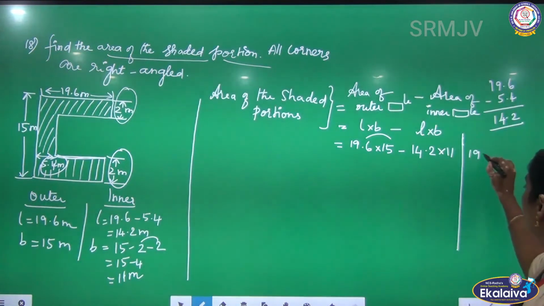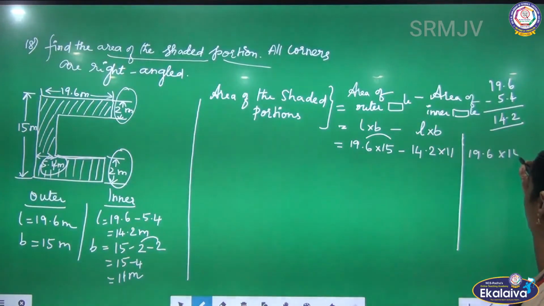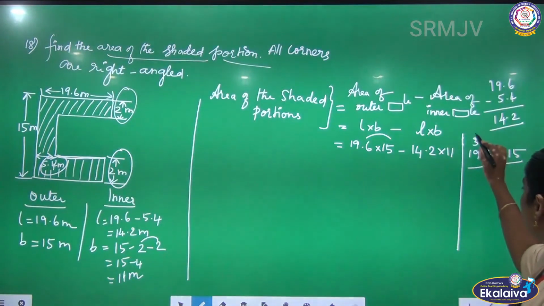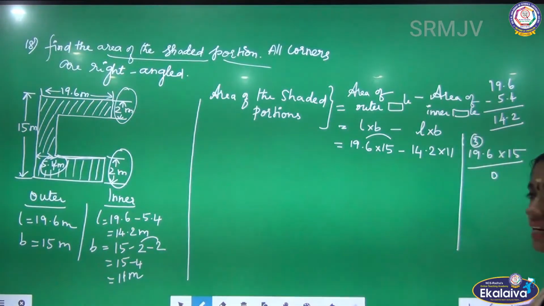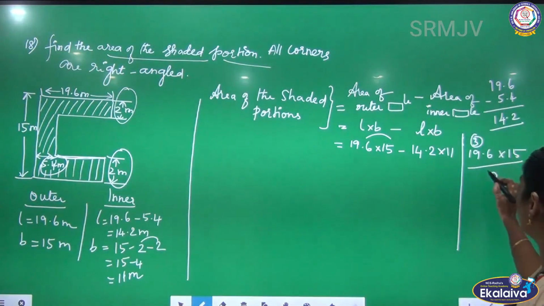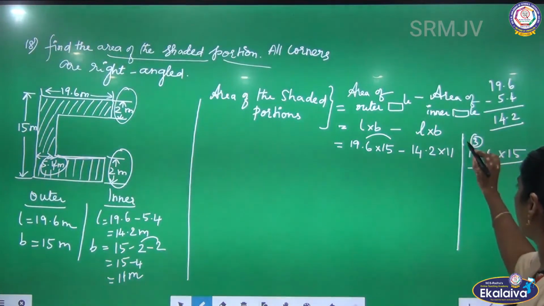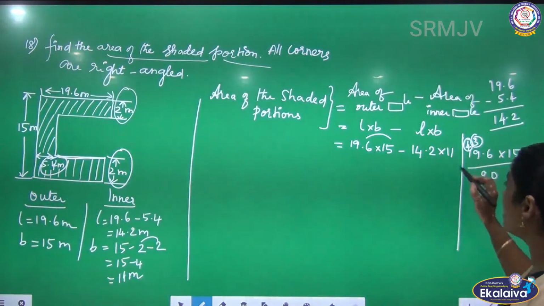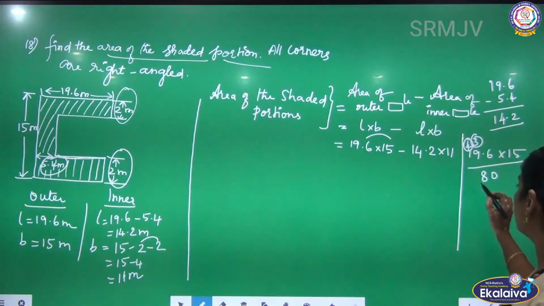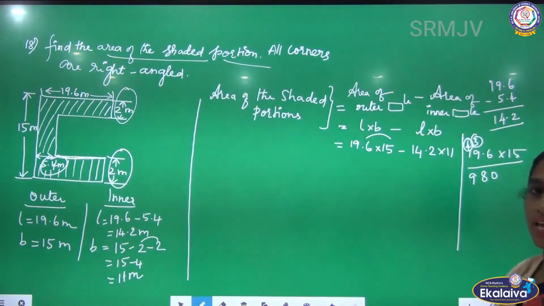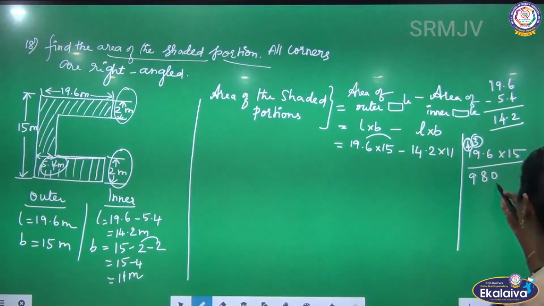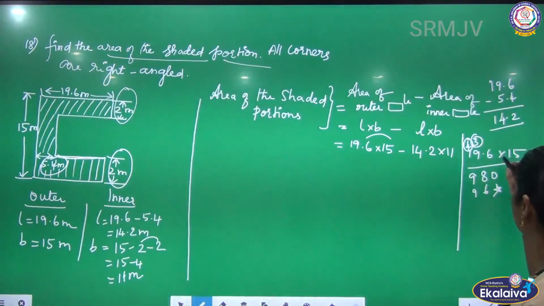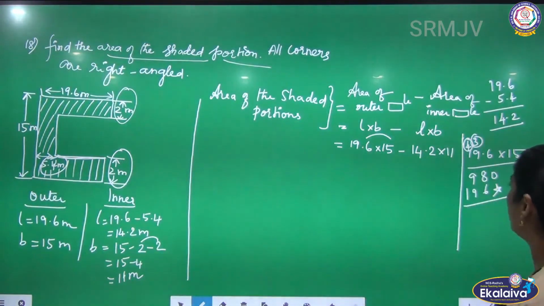So listen, 19.6 into 15. 5 6s are 30, 3 carry over, 5 9s are 45, 45 plus 3 is what? 48. So 4 carry over, 5 1s are 5, 5 plus 4 is 9. Can you clear this? Now I will move on to the next. 1 6 is 6, 1 9 is 9, 1 1 is 1.